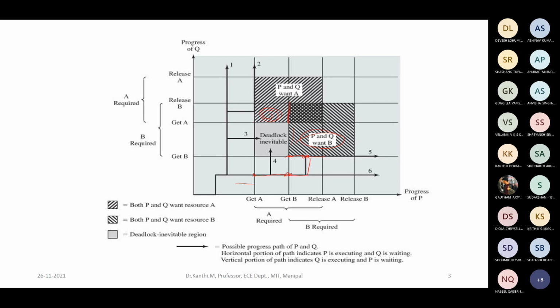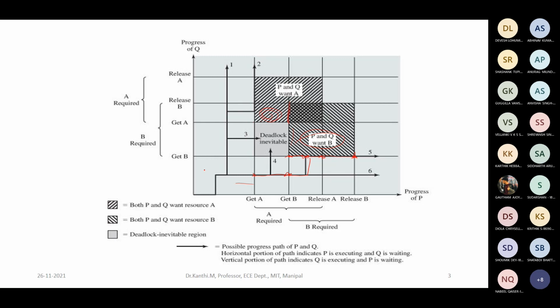I cannot say it is deadlock, because the resource B is with P, and Q is trying to get it but cannot, so there will be blocking for Q till the resource is released. At this situation, P releases A, and then P releases B. Once it releases, since that resource is wanted by Q, Q can make use of it.